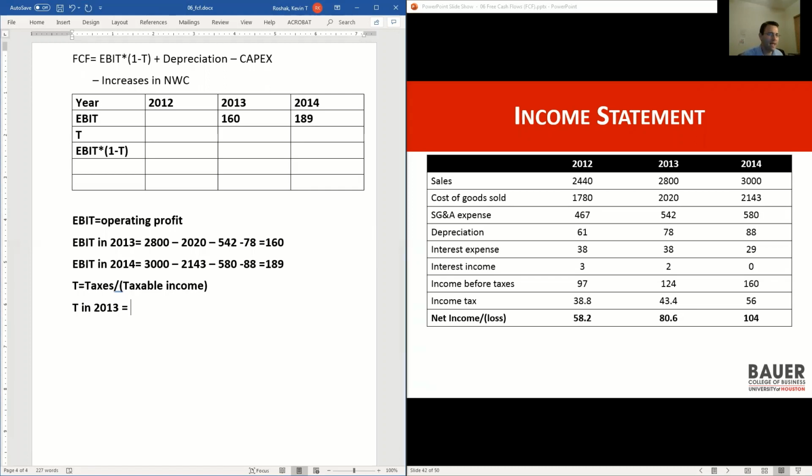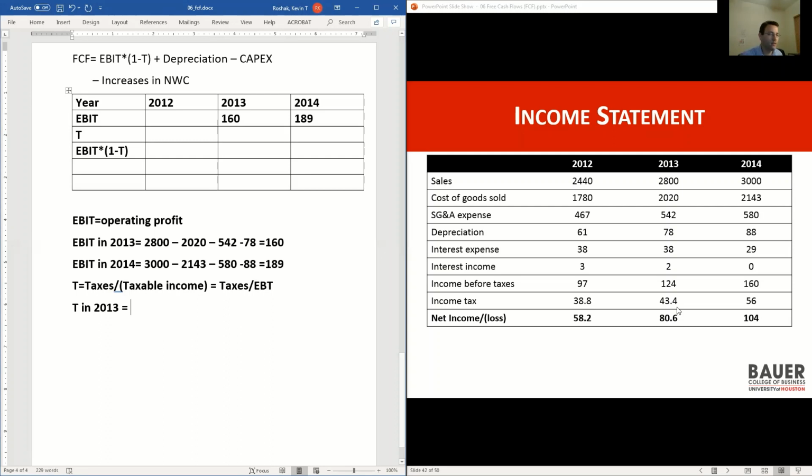How much did we pay in taxes in 2013? Well, we paid 43.4. And what was our taxable income? So another way to say the taxable income is your earnings before taxes. It's your earnings after you've taken out all the expenses that you can. You take out all of those expenses that reduce your taxable income. You're left with just your earnings before taxes.